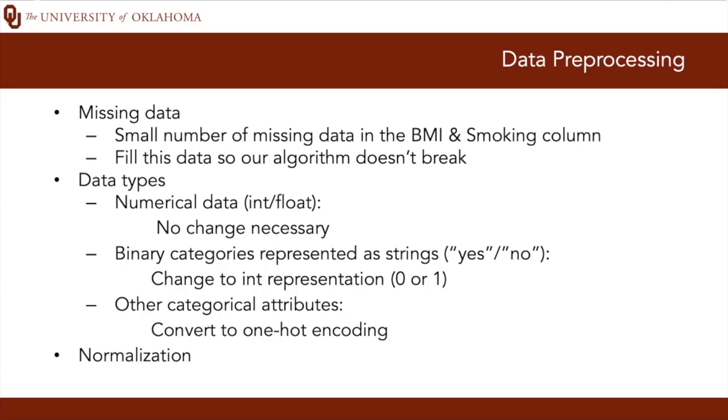We also had some other categorical attributes which had more than two categories. For example, smoking status had currently smokes, never smoked, or smoked in the past. So we changed that to a one hot encoding.